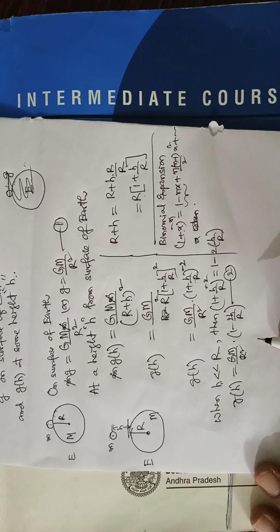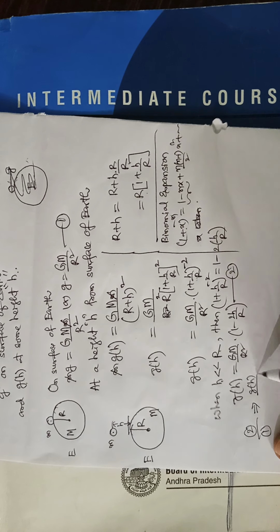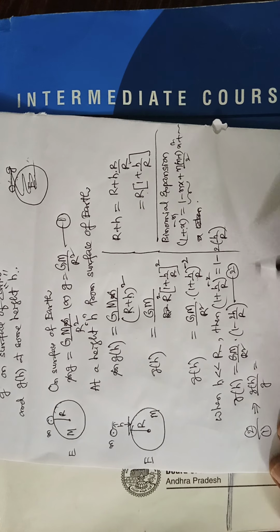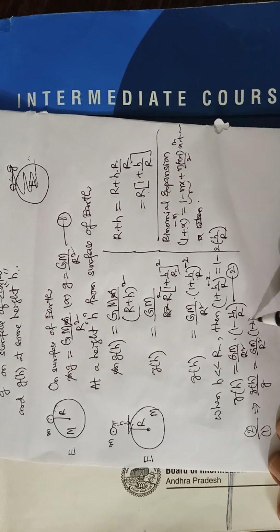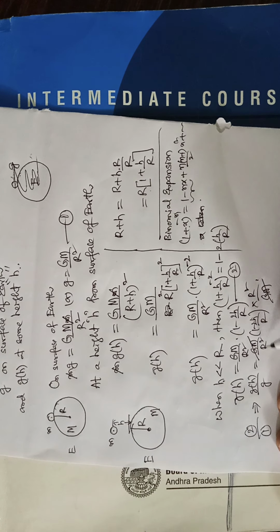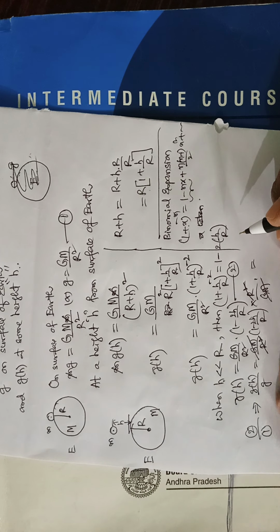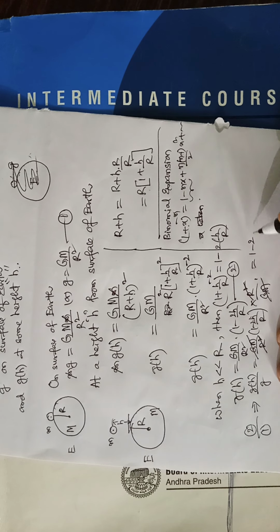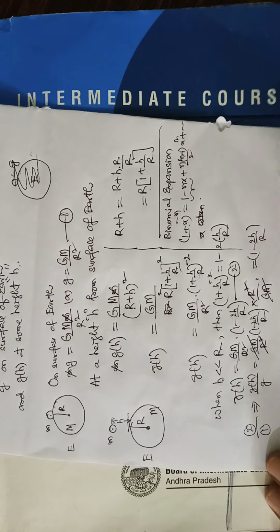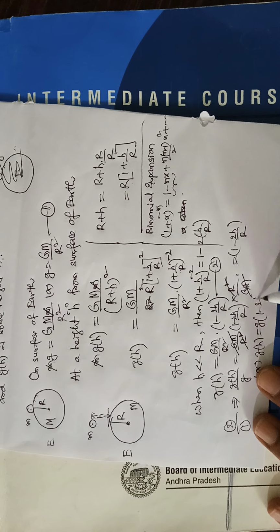Now second equation divided by first equation. g of h divided by g on the left hand side, on the right hand side we get one minus 2h by R, or take this g that side, g h equals g into 1 minus 2h by R.